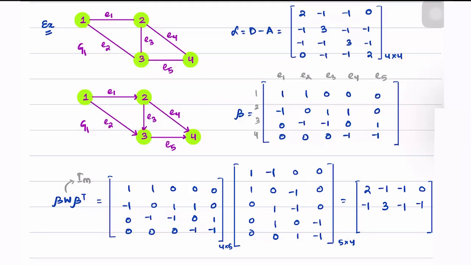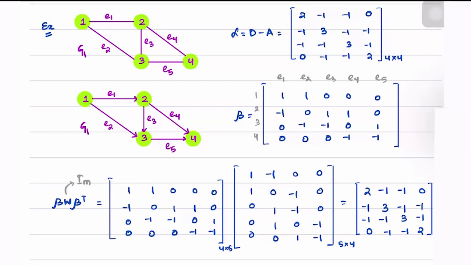In a similar way, we can easily calculate that the last entry is equal to -1. So we can keep on repeating this, and what we will get is the next entry here will be, again, -1, -1, 3, and -1. And the last one is 0, -1, -1, and 2.